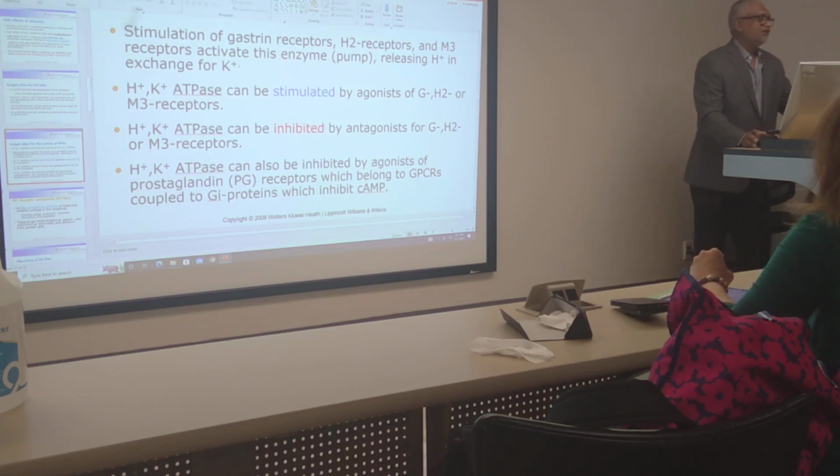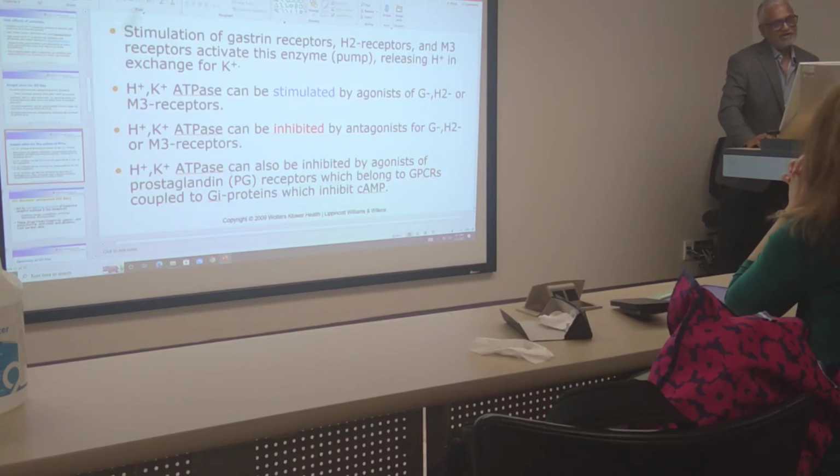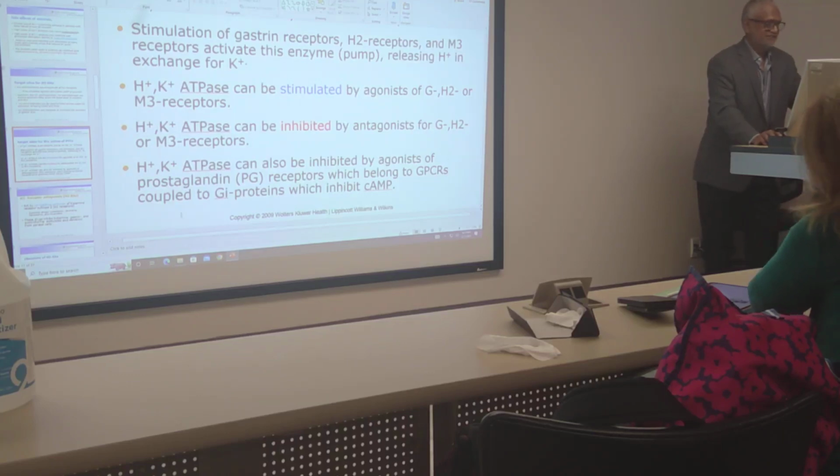All the H2RAs inhibit the H2 receptors. As I mentioned earlier, this pump can also be inhibited naturally. You may want to add naturally by agonists like prostaglandins, which belong to GPCRs.